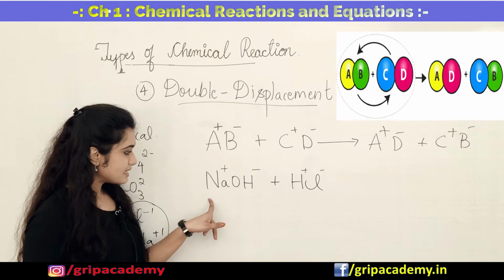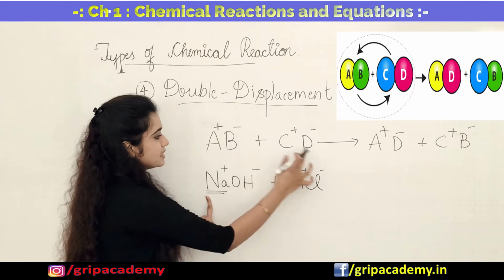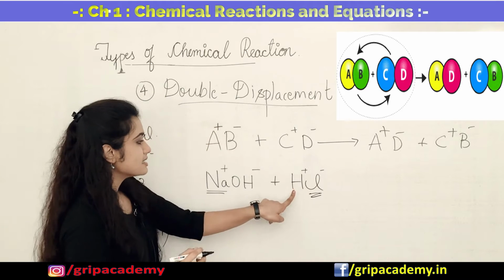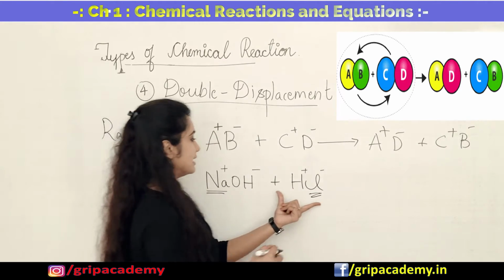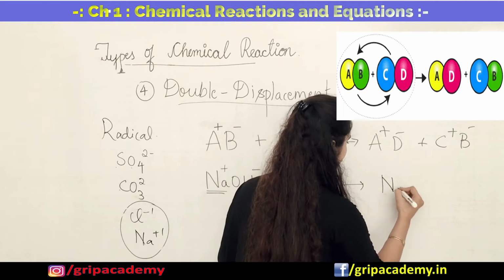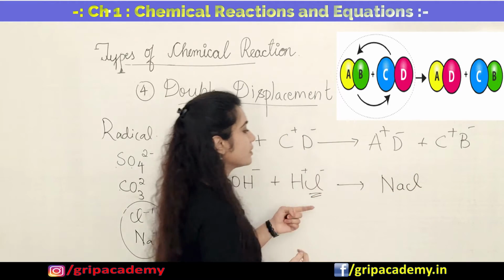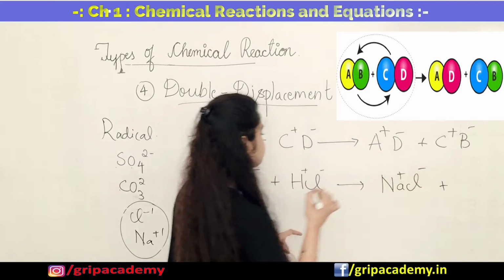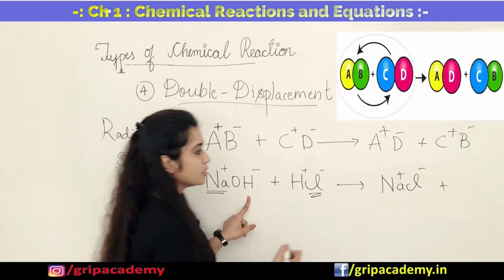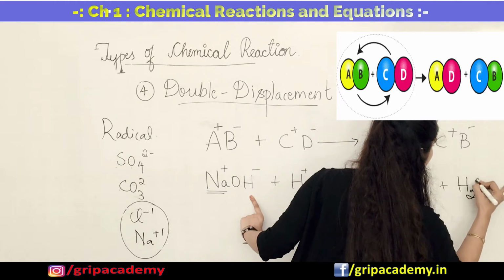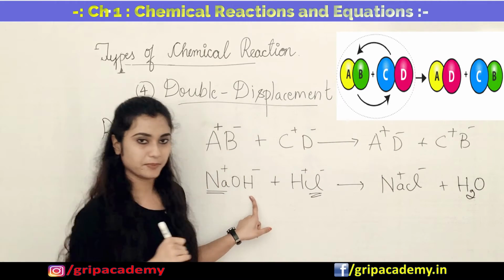So Na is going to combine with Cl and H is going to combine with OH. What will be the product? Na plus Cl, you will get one salt, which is sodium chloride, right? And H is going to combine with OH, so you will get H2O, which is water, correct?